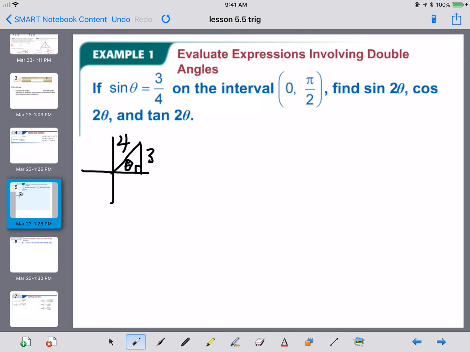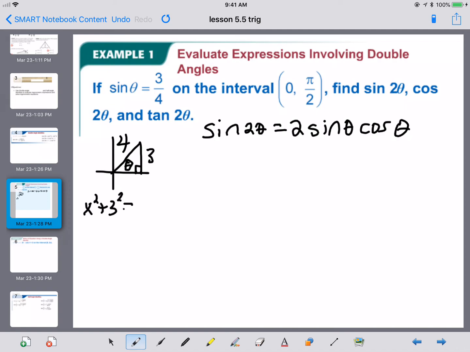So let's begin finding the sine of 2 theta. The formula for the sine of 2 theta is 2 sine of theta cosine of theta. If you were to complete the Pythagorean theorem with the numbers we know in our triangle, we know that our adjacent side squared, let's just call that x squared, plus 3 squared equals 4 squared. 3 squared is 9, 4 squared is 16, 16 minus 9 is 7.